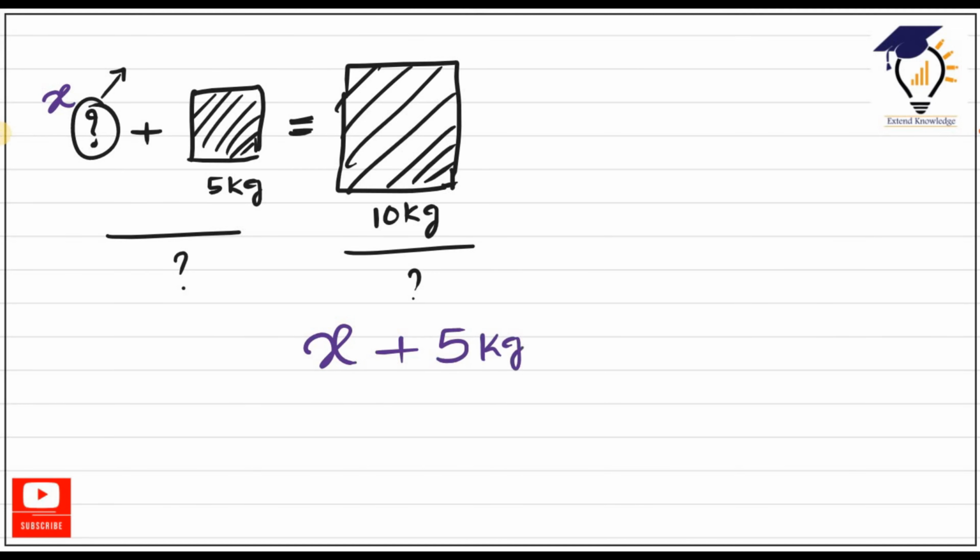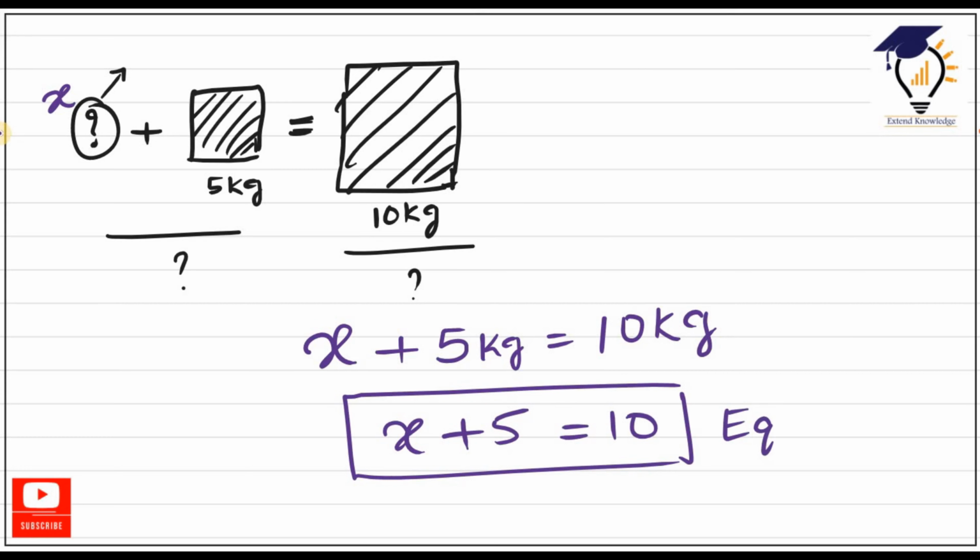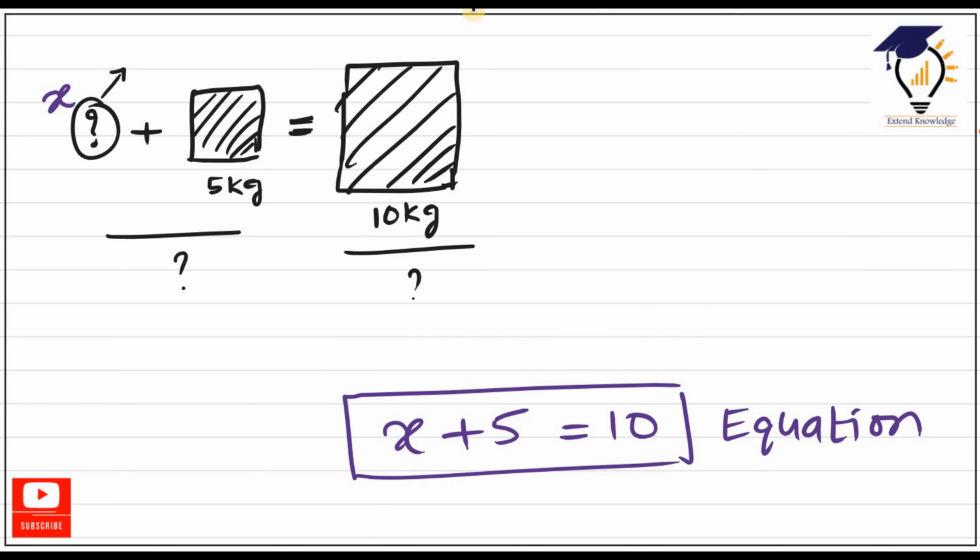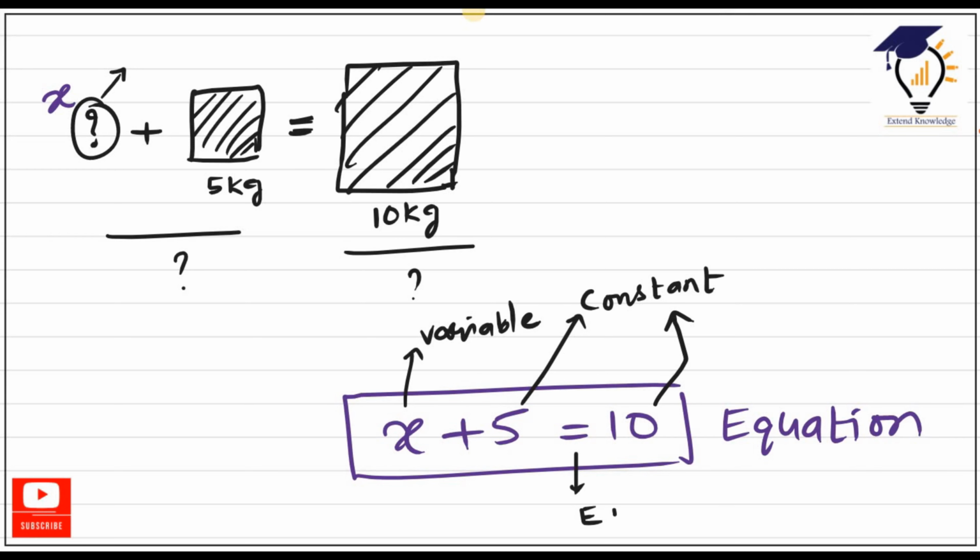In simple words, without units, x plus 5 is equal to 10 is called an equation. In this equation, x is a variable, 5 is a constant and 10 is also a constant, and this is the symbol of equality.